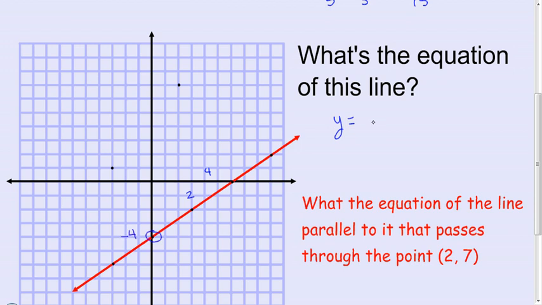So we're going to have a line y equals... okay, I just realized I made a mistake here. It's only over 3. So my slope is 2/3 x, but my y-intercept is -4. So what's the equation of this line? y equals 2/3 x minus 4.